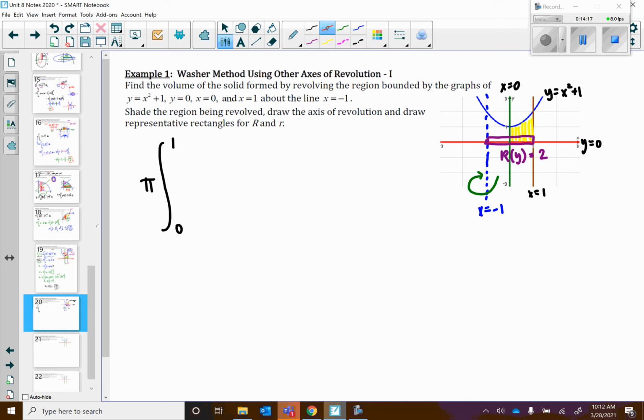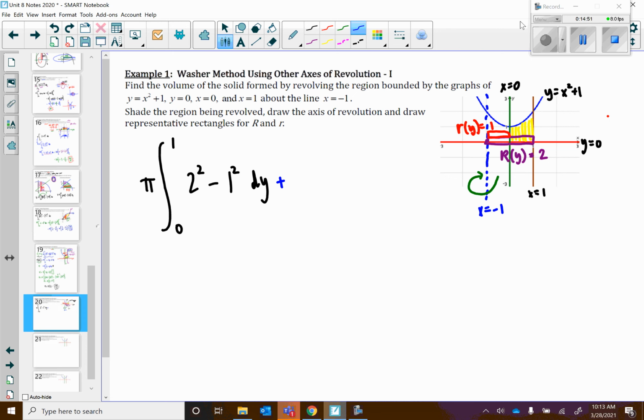And then the little radius, even though it is from, well, I guess we could think of it as from 0 minus a -1, this has a small radius, r of y is equal to 1. So this first volume is big radius, 2 squared, minus little radius, 1 squared, and this is with respect to y. We then need to add to that the other piece here.